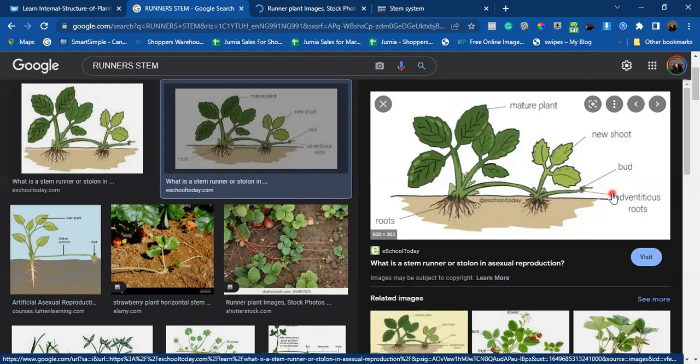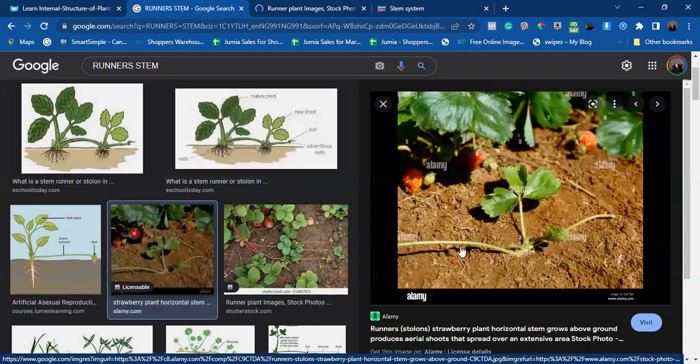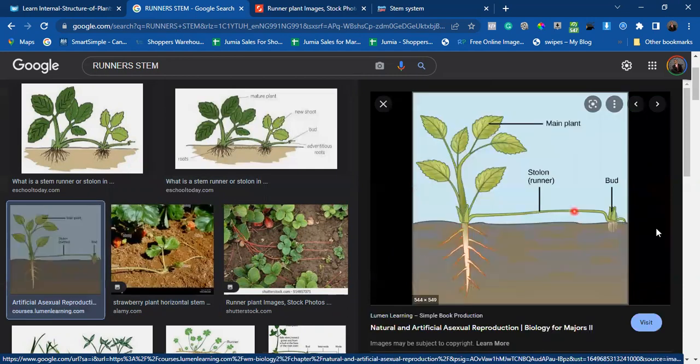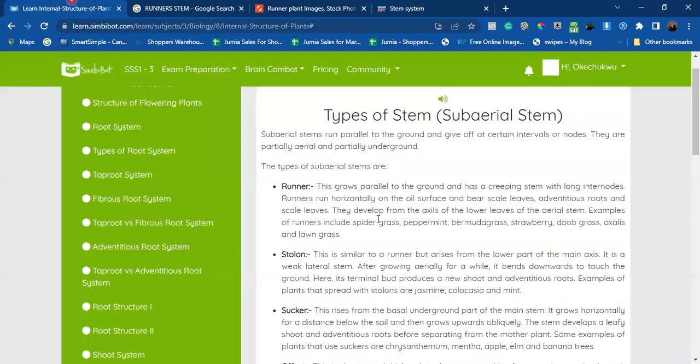It runs through the ground. See an example again. These are called runners.